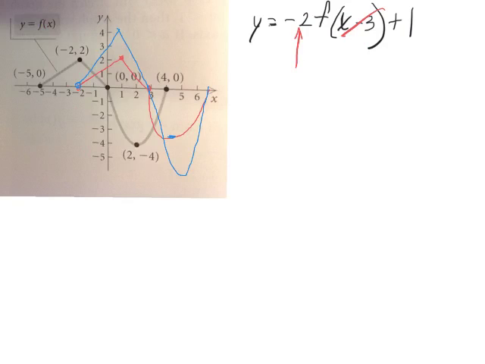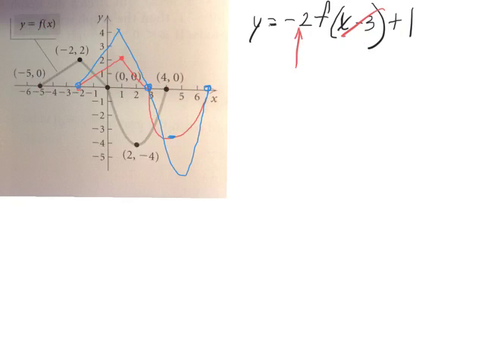So notice this point and this point didn't change, just the y values, because when we multiply all of our y values by 2, we could have multiplied this y value and this one by 2, but they're zeros, so it's just going to stay the same, so that's not going to move. So we went from this gray one, shifted it over 3 to the red one, and then stretched it vertically by 2 and got that blue one.